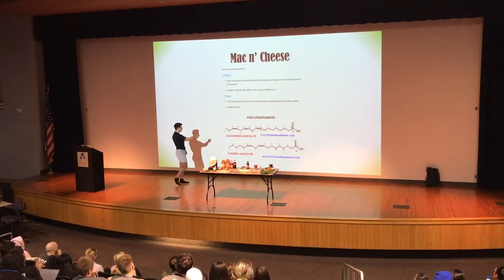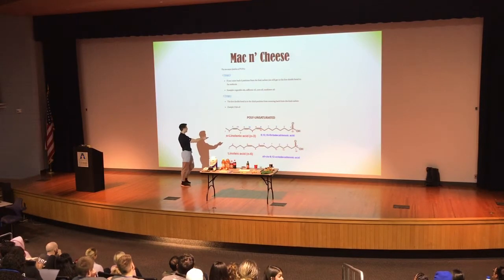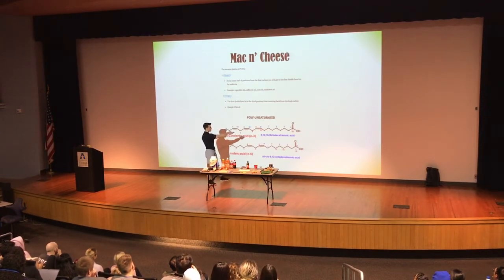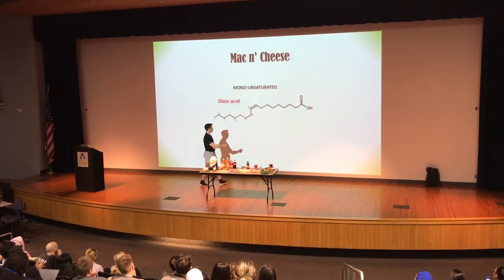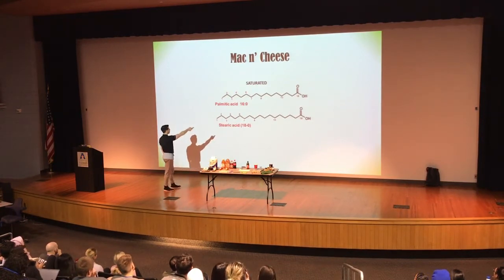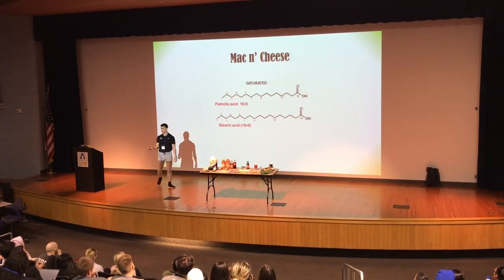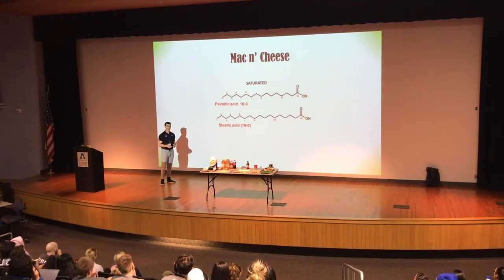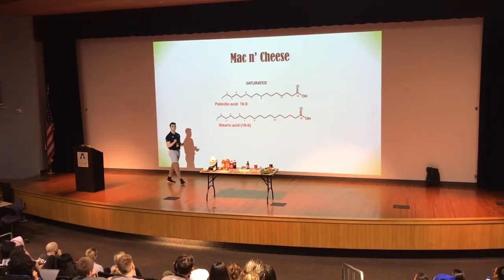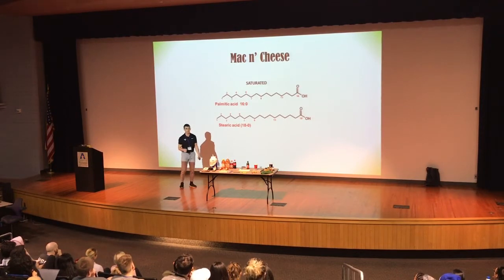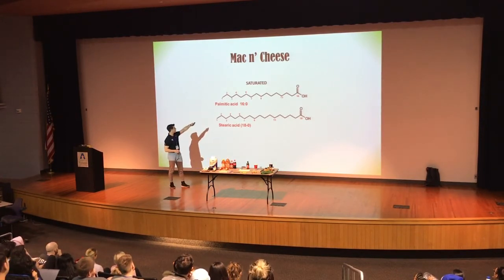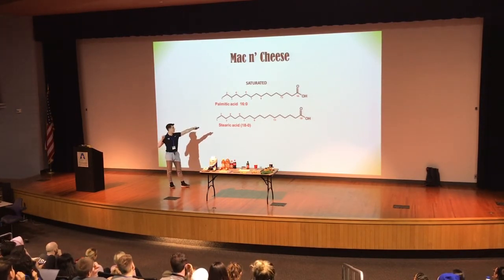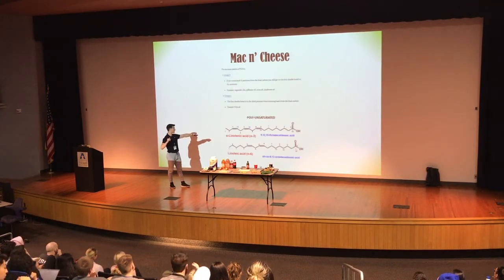Now notice, this has 18 carbons. 1, 2, 3, 4, 5, 6, all the way up to 18. That one, palmitic acid, has 16 carbons. That's why the number of calories, kilocalories, in a gram of fat is slightly variable. There's more bonds in that other, which one were we looking at? Linoleic acid.